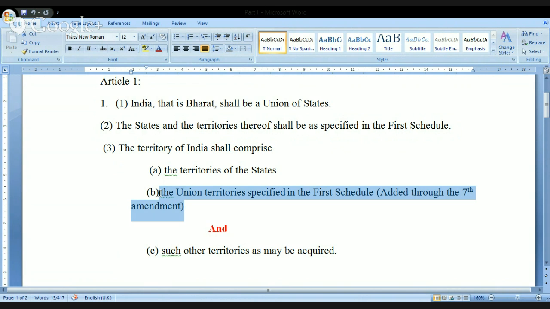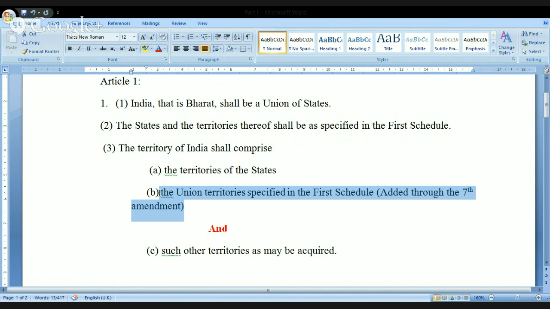That's the reason today the territory of India for me is, number one, all the states that are present in India, number two, all the union territories that are present in India, and all other territories as may be acquired by India. 1, 2, 3, A, B, C put together is called the territory of India.